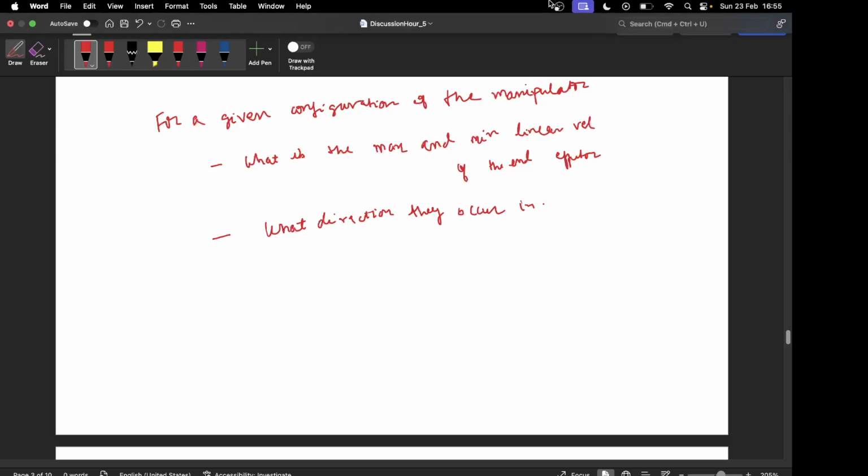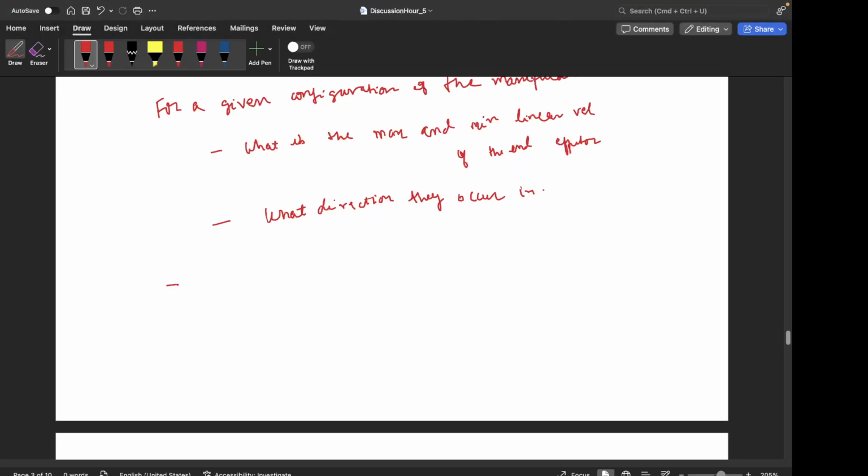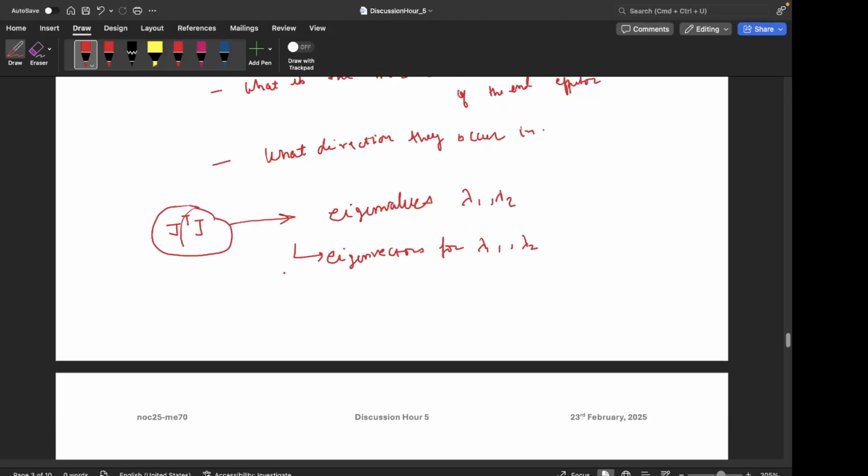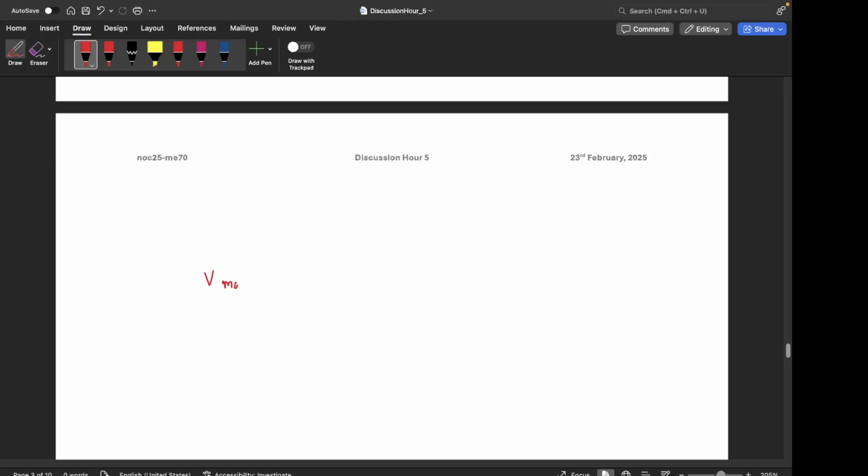And I just quickly mention that it turns out that we have this matrix J transpose J, this special matrix, and if we find the eigenvalues, which are, let's say, lambda 1 and lambda 2, and the eigenvectors for these eigenvalues lambda 1 and lambda 2, then what we find out is that the norm of V maximum is root of lambda 1, given that lambda 1 is greater than lambda 2, and the minimum velocity that can be achieved is root of lambda 2.